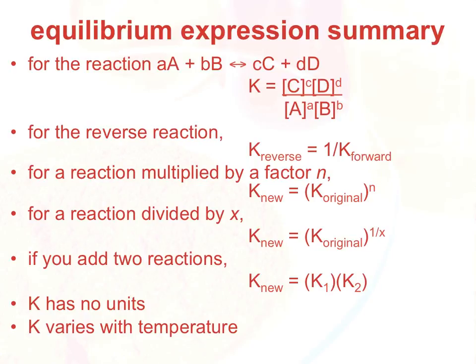If I've divided through, I raise that original equilibrium constant to 1 divided by whatever I divided by. And if I add 2 reactions, I take the K values for each of the steps that are used to produce the overall new equation, and that will give me the equilibrium constant for the new equation.